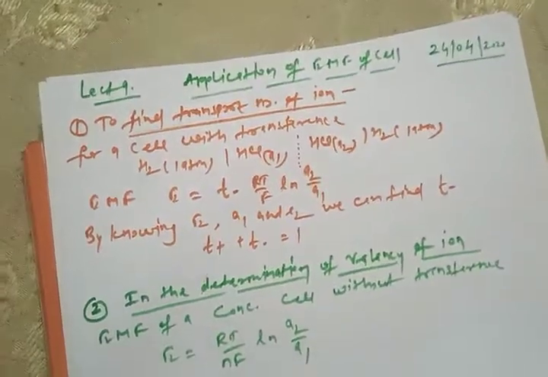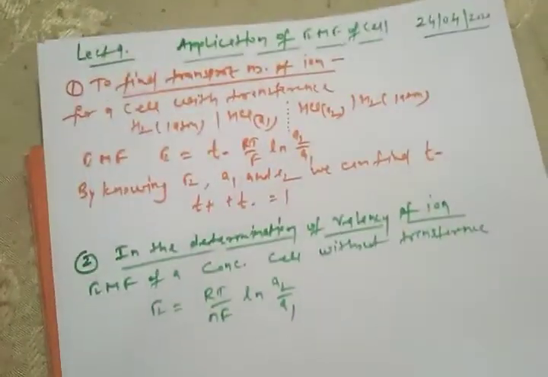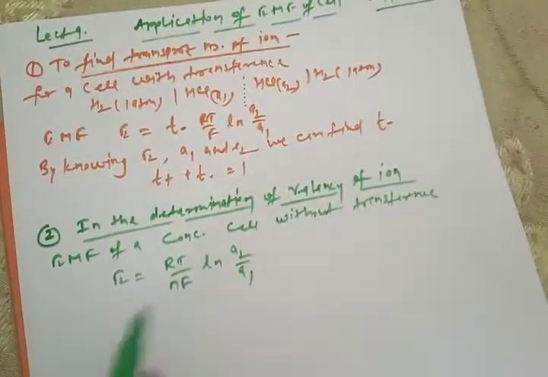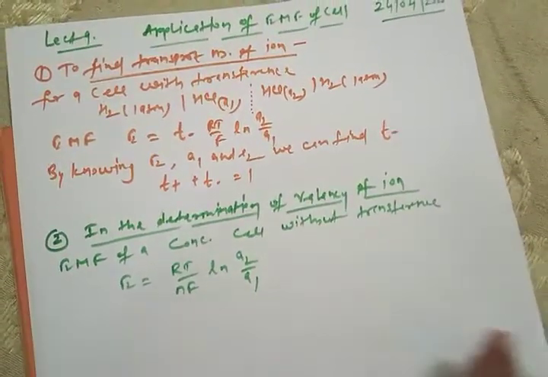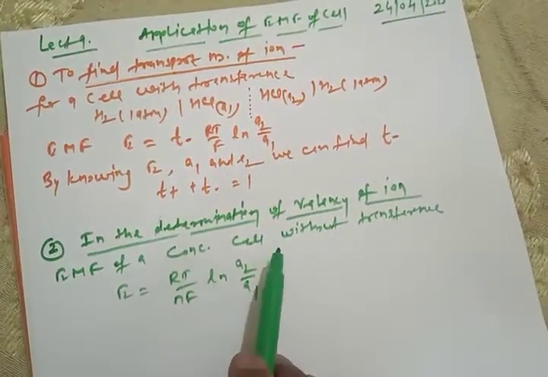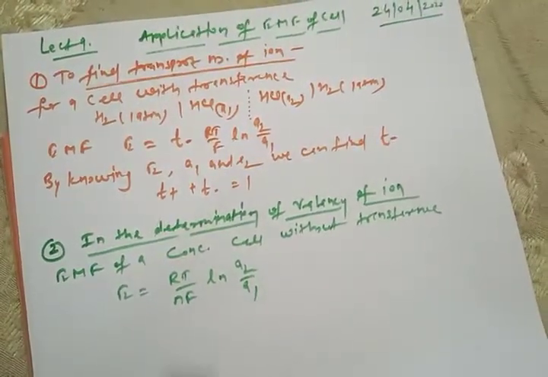We had already calculated this and completed it, so I'm not going into the detail again. You can check my previous video lectures, where you'll find it. Okay, so this is the EMF of a concentration cell without transference.